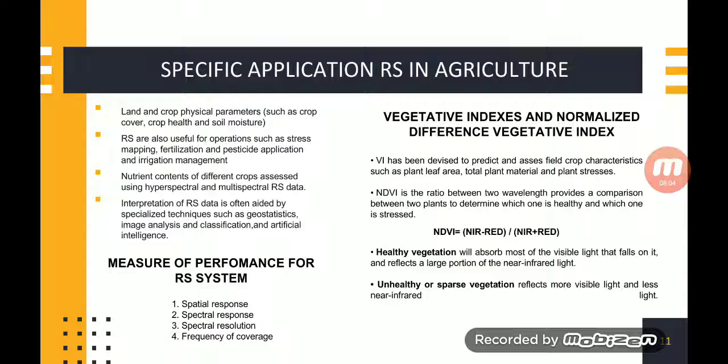But overall, NDVI is a standardized way to measure healthy vegetation. If you have high NDVI values, then it shows that your vegetation is healthy. When you have low NDVI values, then you have less or no vegetation, or probably your vegetation is stressed.